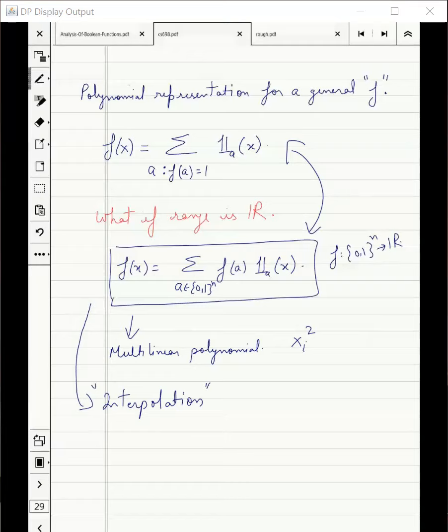None of the indicator polynomials have any power of xi more than 1. That's why when I add them, I will not have square, cube, or higher powers. That means in every variable, my polynomial is linear. Do you agree? Anyone has a doubt there?